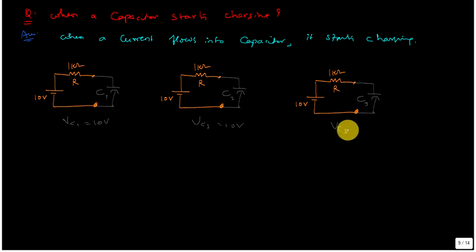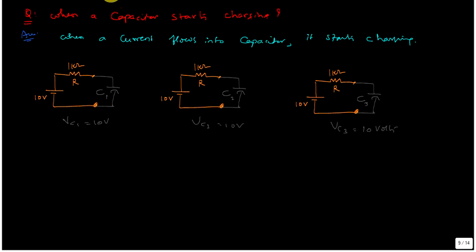VC3, the voltage across this capacitor, also after some time becomes 10 volts. But what is the difference? The difference is mainly in how much time the capacitor takes to reach 10 volts. That is the basic difference.